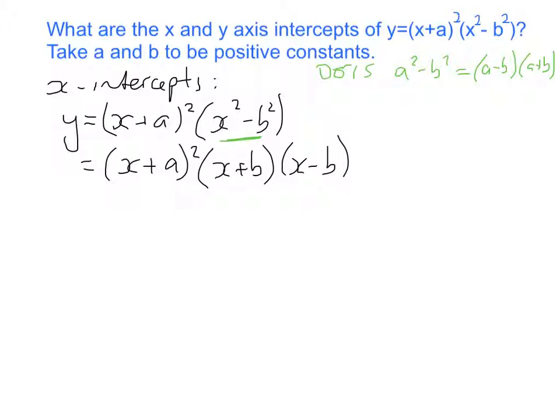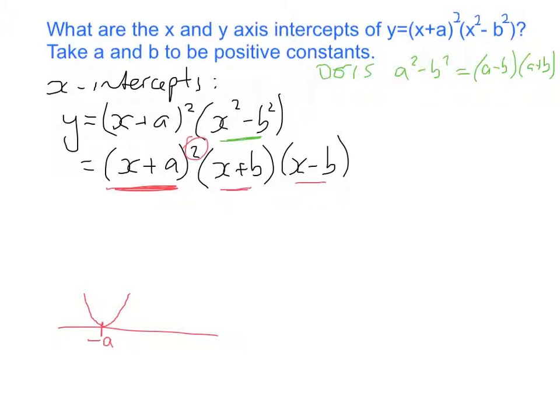Now, when we have something squared, that indicates where the graph will come down and touch the x-axis. So in that case, it would touch the x-axis at negative a. Set that bracket equal to 0, rearrange it, x will be equal to negative a. So the graph touches at x equals negative a. The other two are going to be intersections.